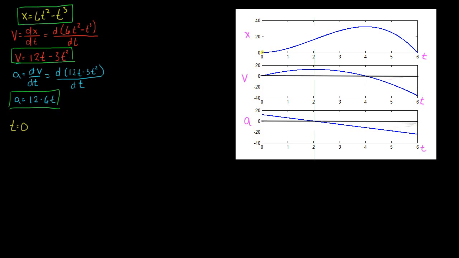This is better. We have x, which is 0. So x is equal to 0. Our velocity is equal to 0. And we have an acceleration that is positive, and it's actually positive 12. But what's important with our acceleration is not the slope of the line.